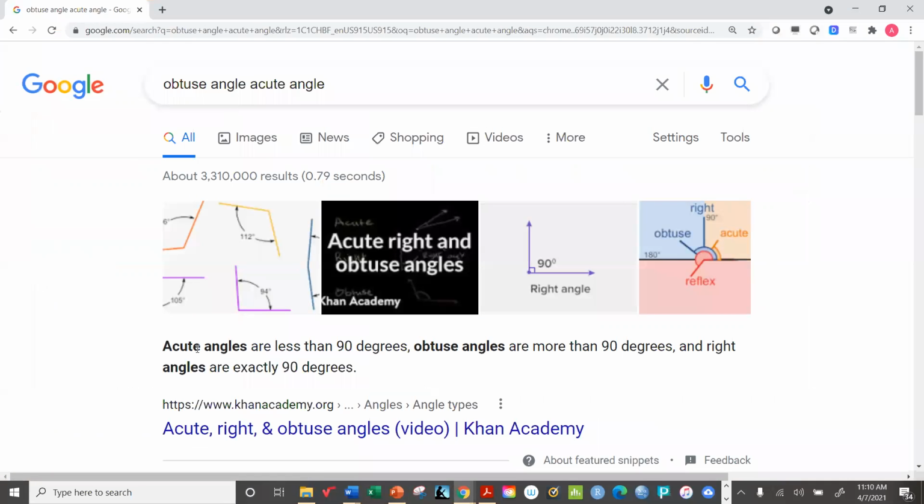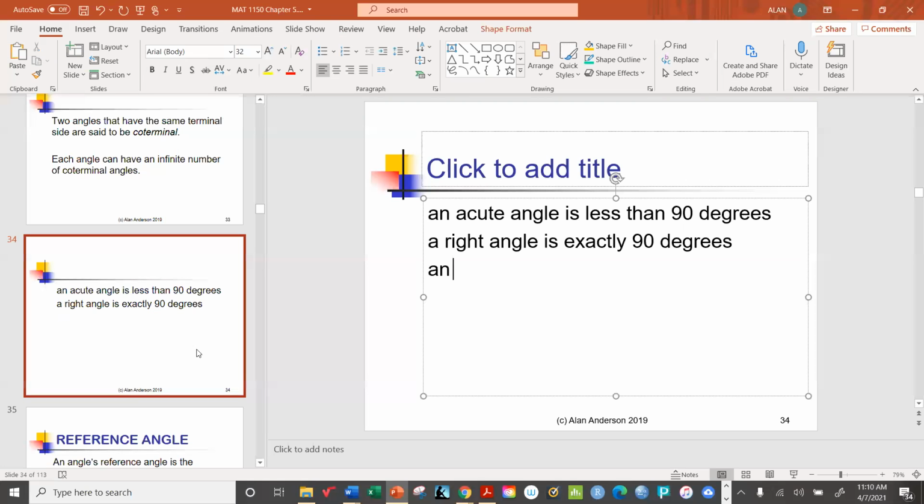And then after that, obtuse angles are more than 90 degrees. I guess that's all of them.